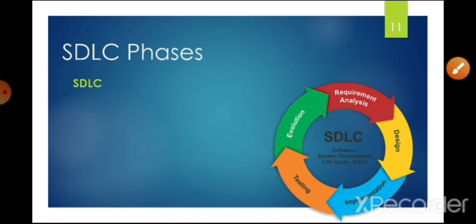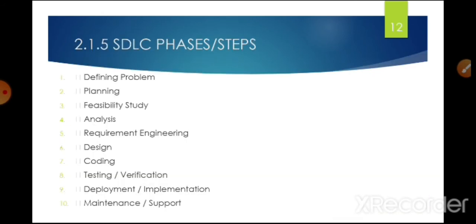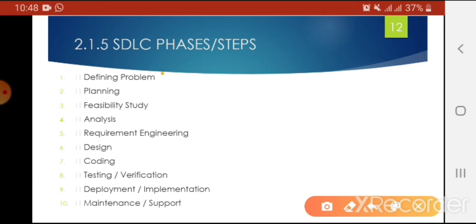So from here we are going to start today's lecture, which is about SDLC phases. There are about 10 phases of SDLC. These are defining problem, planning, feasibility study, analysis, requirement engineering. Requirement engineering is further divided into the 3 phases that we will discuss.